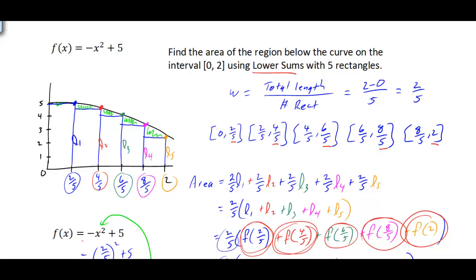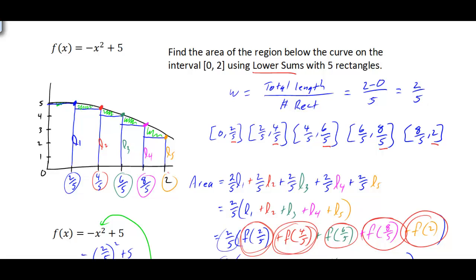So for lower sums, you're not always going to use the right endpoint. Sometimes the left endpoint would calculate the lower sum. Okay, it all depends on the curve, which way it's sloping, and where your rectangle is going to fall beneath the curve.